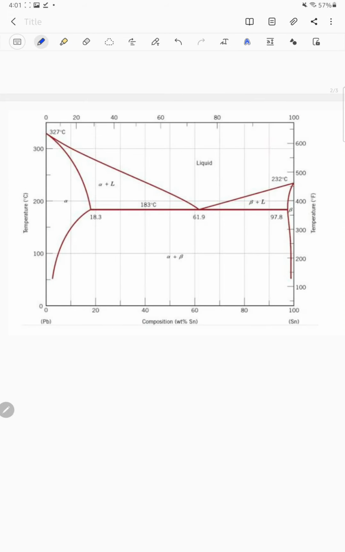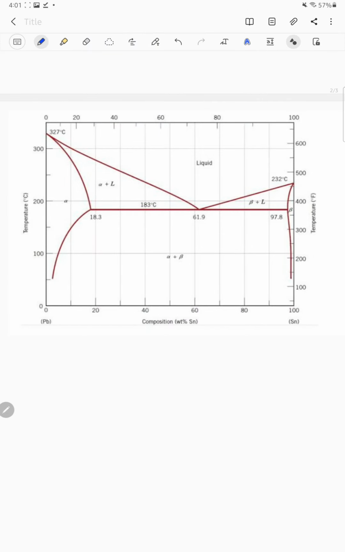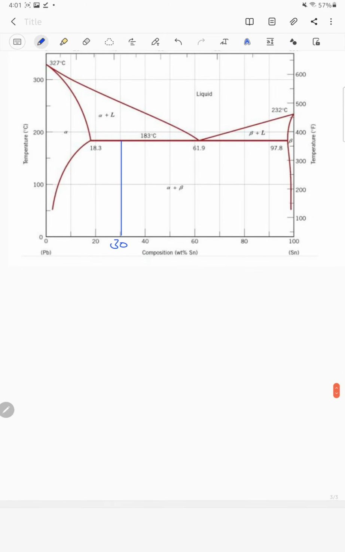Just below 183, the composition is 30%. There are two phases just below 183 degrees.